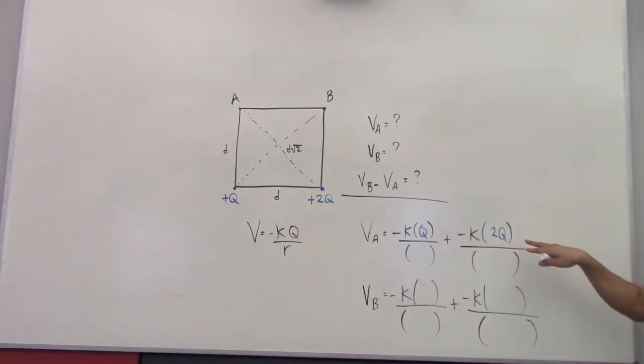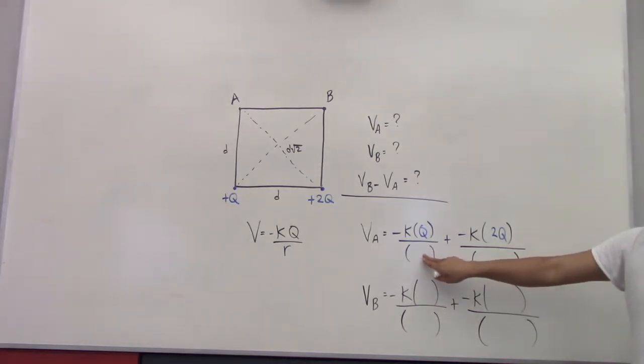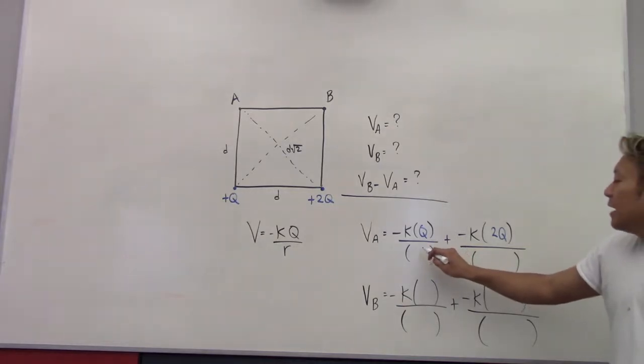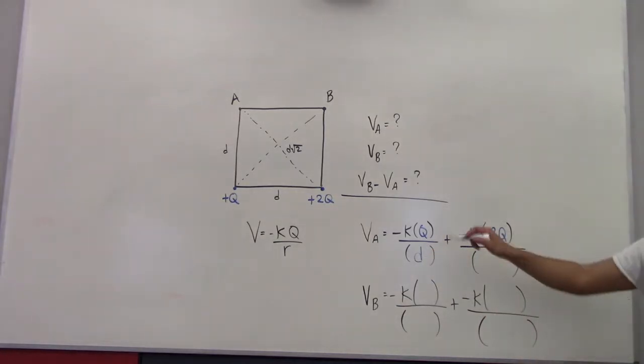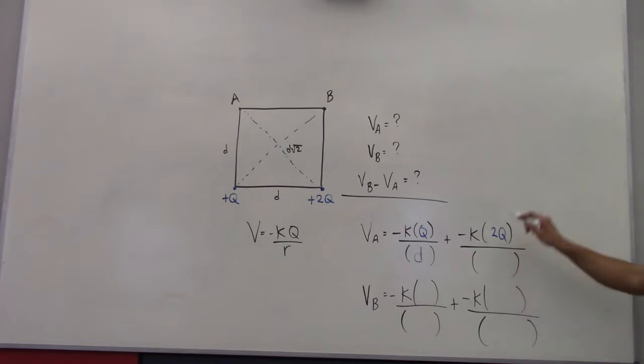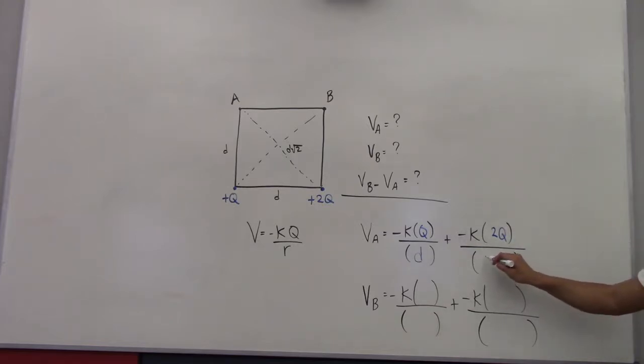What are the corresponding distances? Well, for this one, A is a distance D away from the Q charge. Point A is what distance from 2Q? It's D root 2. Awesome. So there we go.